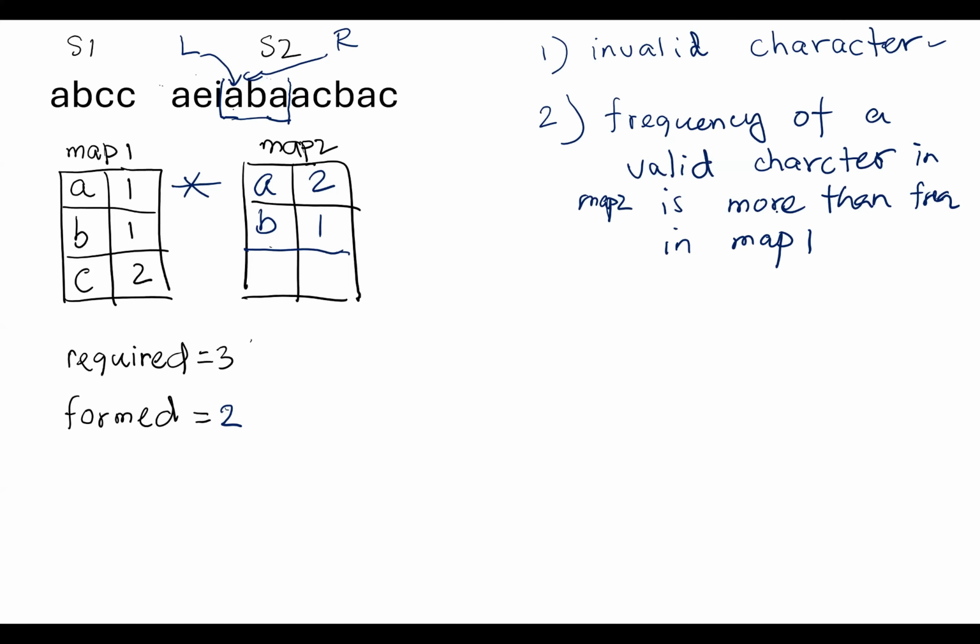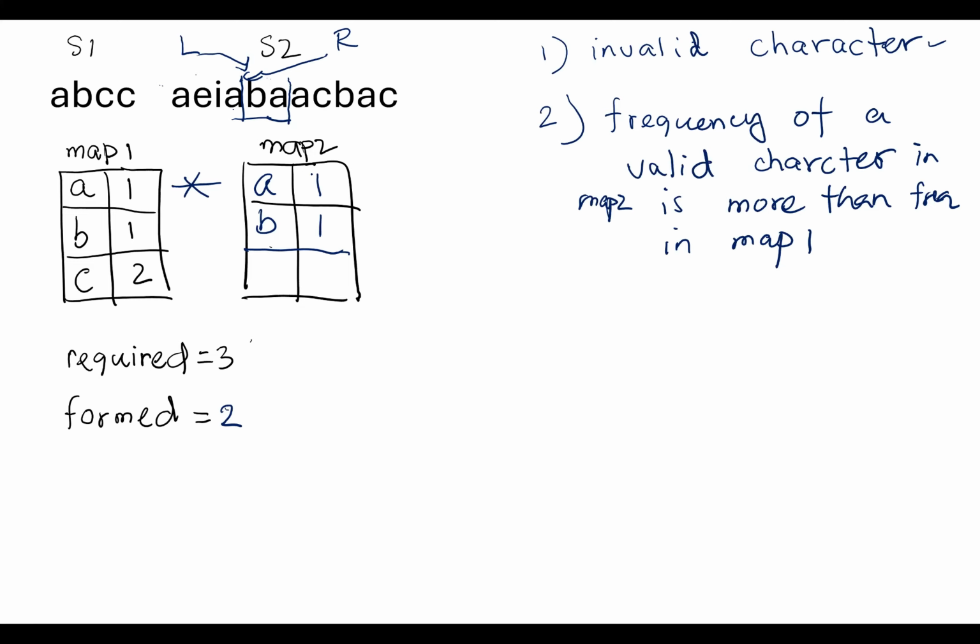But this time we don't discard the whole window, because probably part of this window is still useful. What we do is start shrinking to make it valid. We change the left pointer. The character at the left pointer was A. We move the left pointer by 1 space, making the left boundary B, and we reduce the A count to 1.